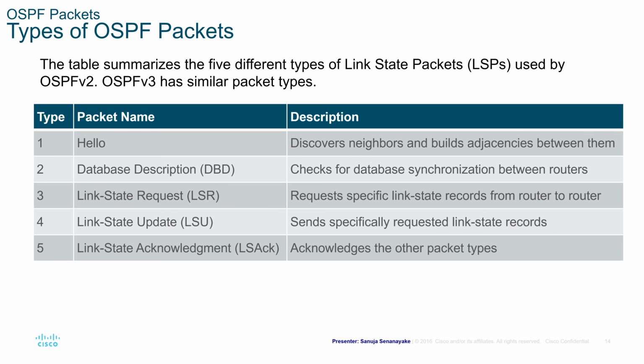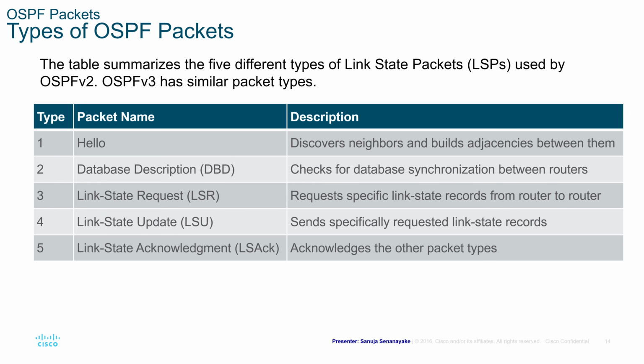So the hello packet discovers neighbors and builds adjacencies between them. It's like saying hello, these are my information, communicating between the devices, neighbors. The database description, or DBD, checks for database synchronization between routers.